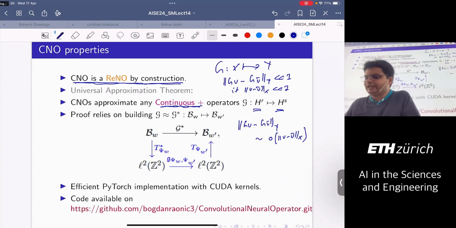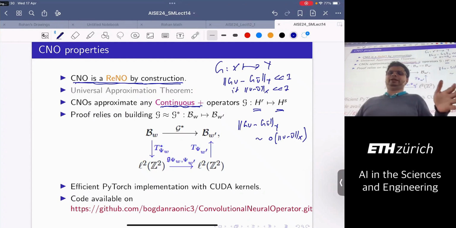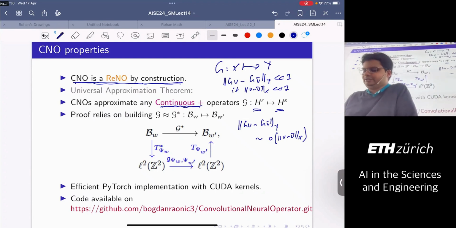I don't have time for the proof, but the idea is that your operator is going to be very well represented by mappings between band-limited functions, whose bands depend on the underlying function spaces. Then you use the universal approximation theorem for neural networks and project it back. That's the basic idea.